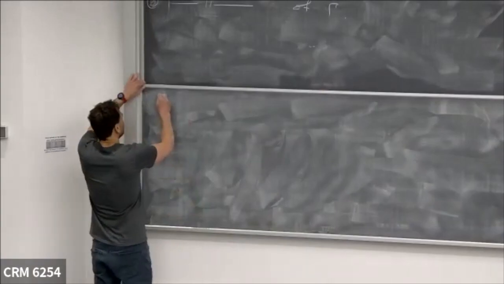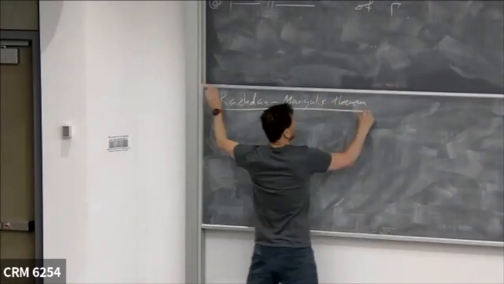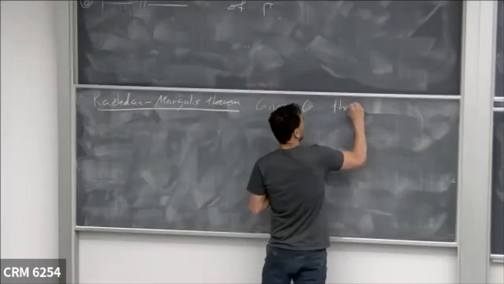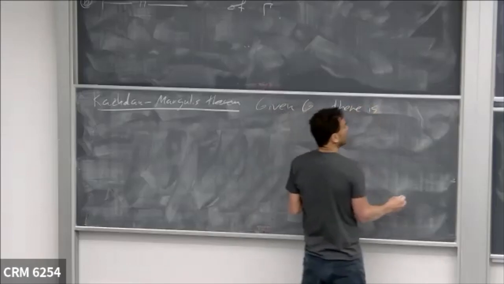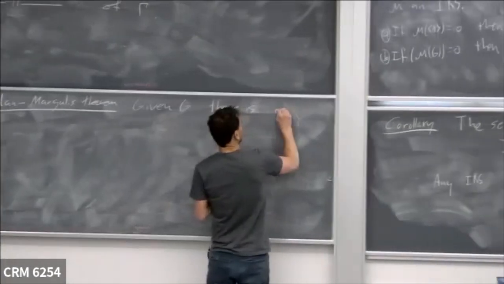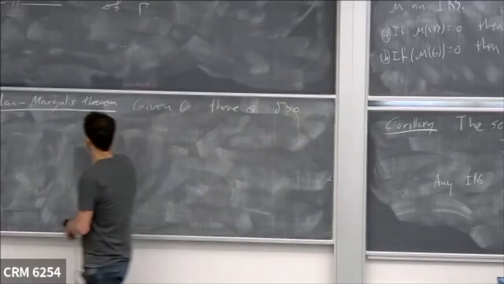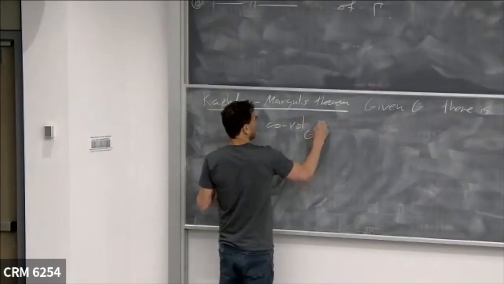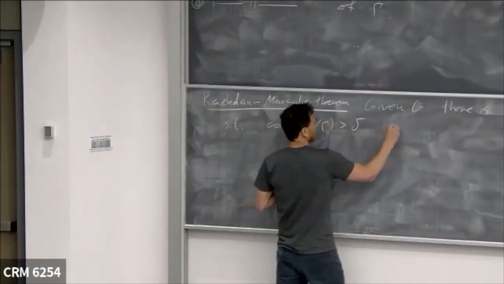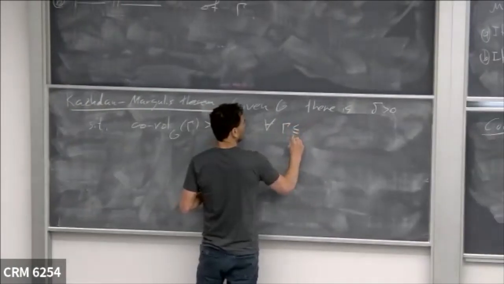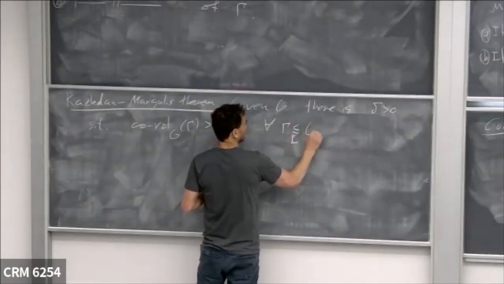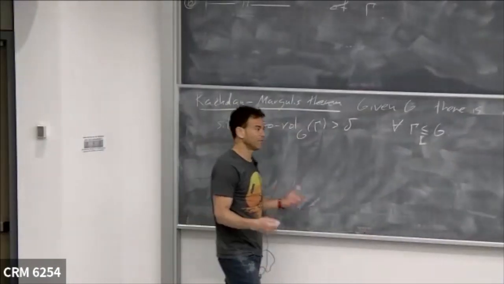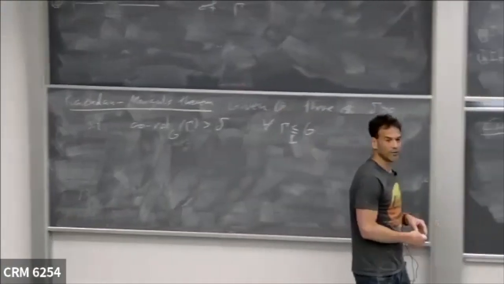So what is the Kazhdan-Margulis theorem? Given G, there is some delta bigger than 0 such that the covolume of gamma is bigger than delta for any lattice gamma in G. There is a lower bound on the covolume of lattices, or a lower bound on the volume of a manifold of the form G mod K mod gamma.